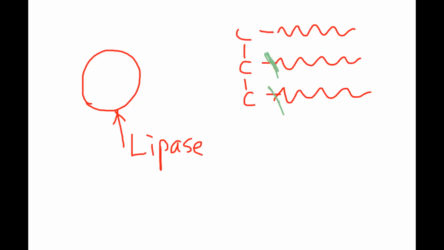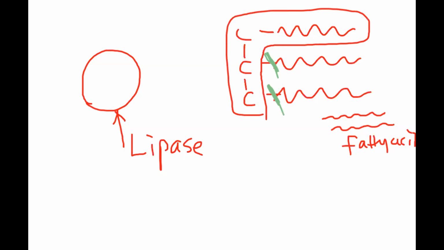If you break down two, then you make monoglyceride. The individual tails that break off are the fatty acids, which we already know. The leftover structure right here is called a monoglyceride.